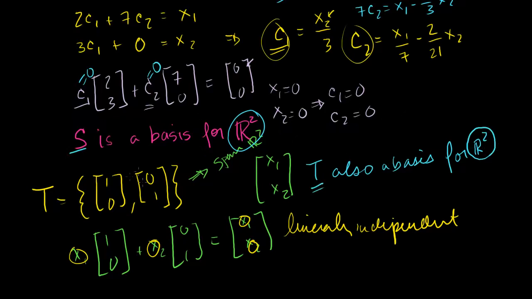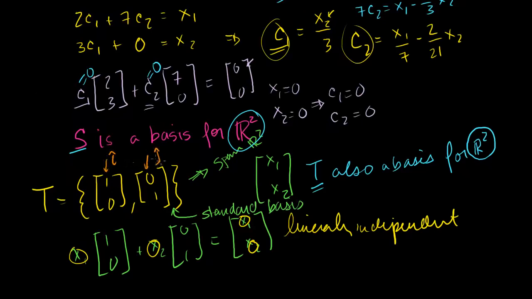And actually, just so you know what T is, this is called the standard basis. And this is what you're used to dealing with in just regular calculus or physics class. If you remember from physics class, this is the unit vector i, and this is the unit vector j.